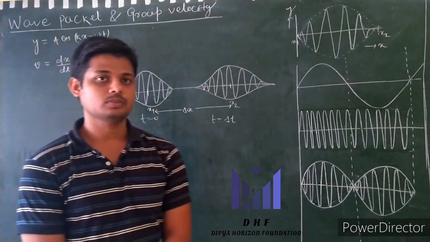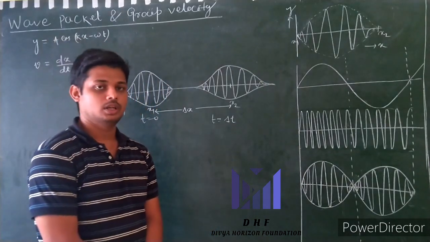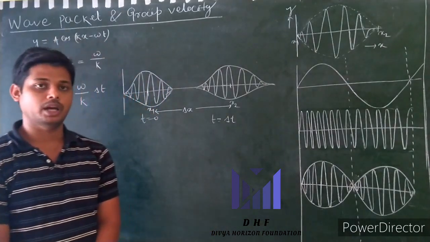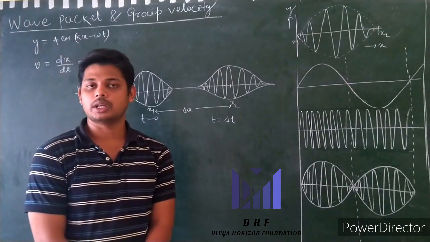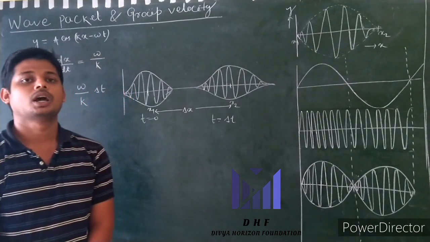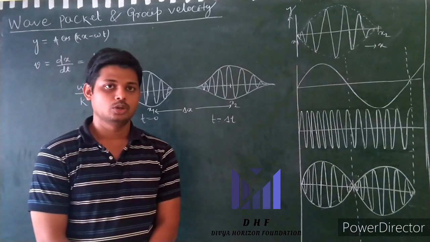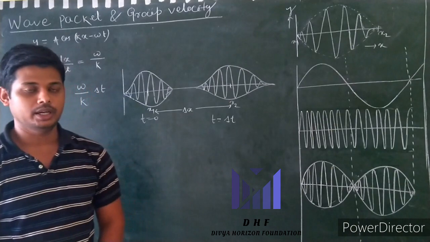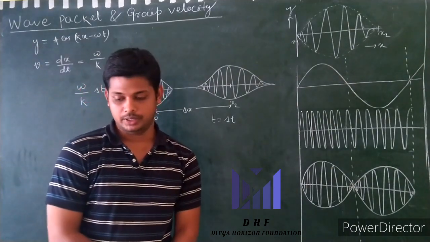So we will here take two monochromatic waves to simplify our calculation. We will see how these monochromatic waves superimpose with each other to make a wave packet, and we will derive the velocity of the wave packet.